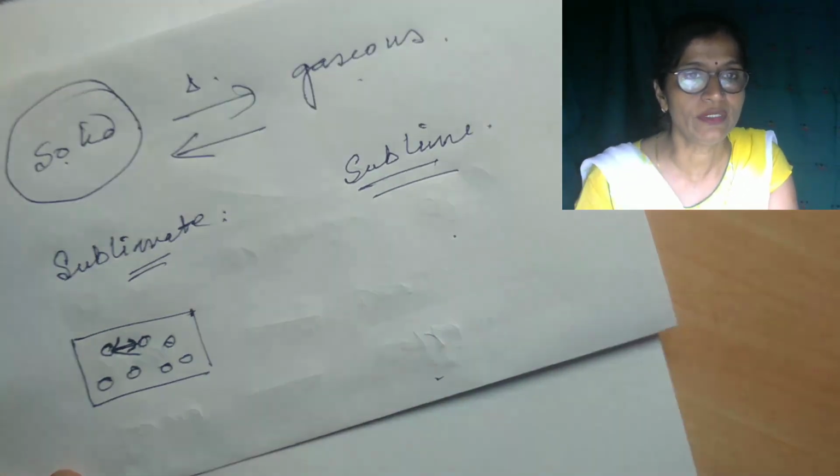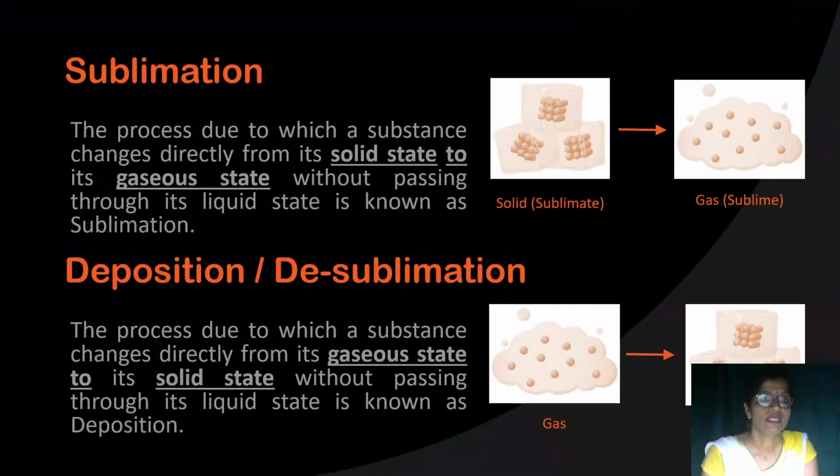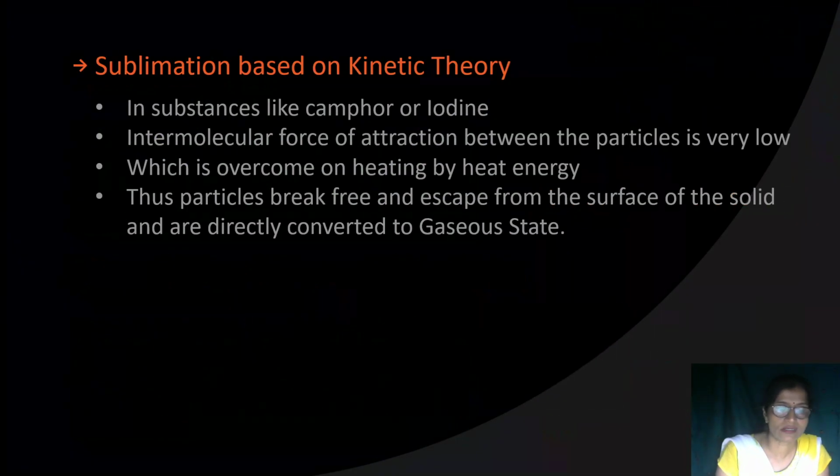Again I am repeating, in substances like camphor, iodine, ammonium chloride or naphthalene, which are sublimates, the intermolecular force of attraction between the particles is very low.